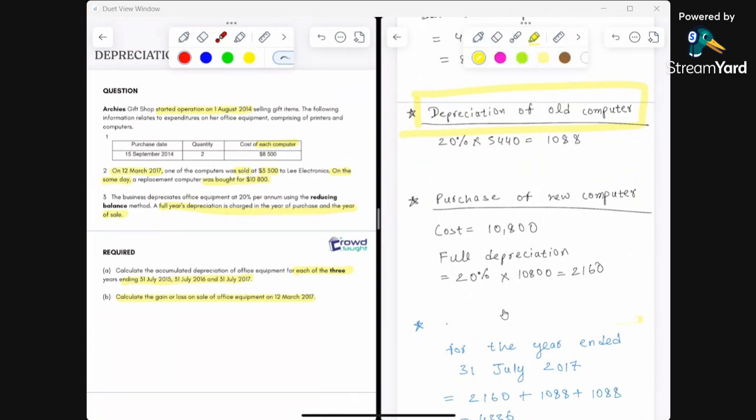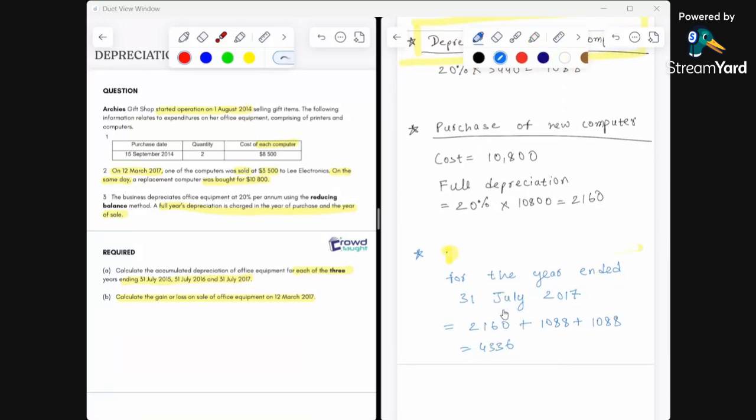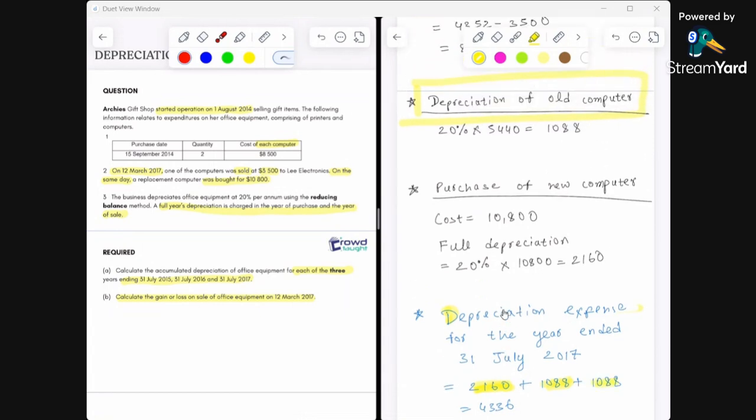So firstly, my question to you is, how much should we report in the income statement for the amount of depreciation expense for the year ending 31 July 2017? Okay? All right. So in the income statement or the statement of financial performance for the year ending 31 July 2017, the depreciation expense that we will report is 2,160, which refers to the depreciation calculated for the new computer, plus 1,088 for the old computer that was still left behind, and then 1,088 also for the computer which we have sold.